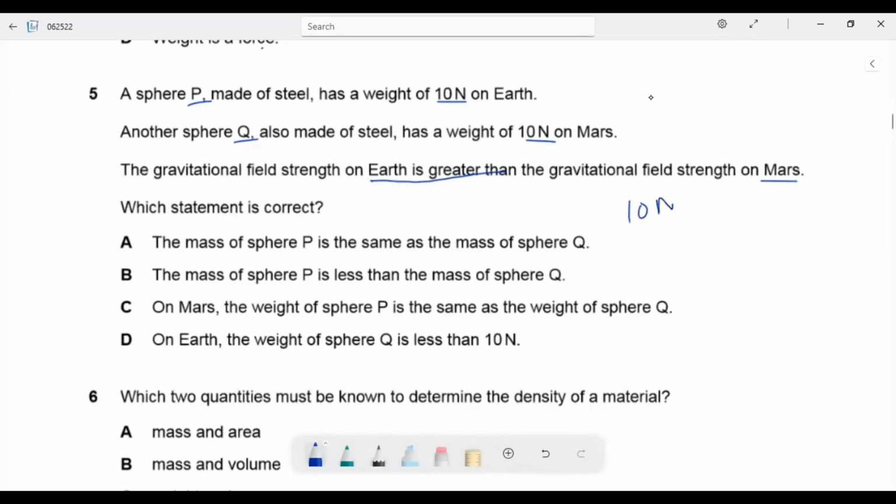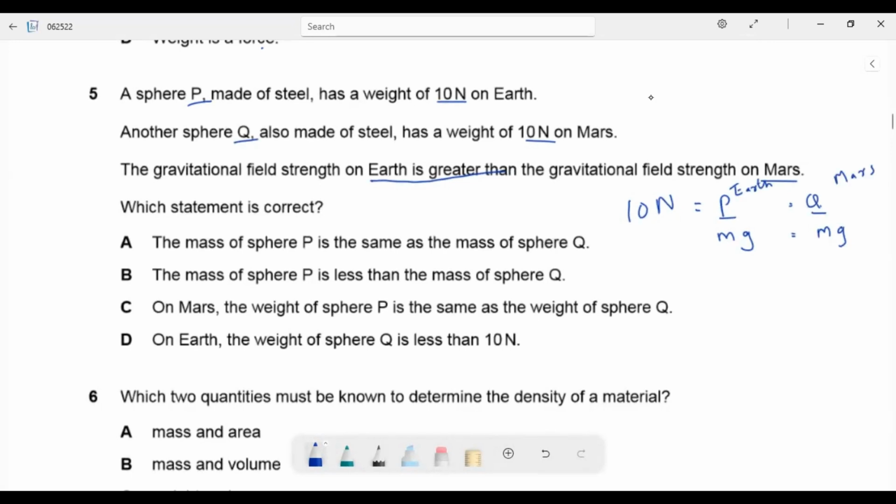So the weight is 10 Newton for both P and Q. Weight can be written as mg. So the total weight remains the same in the case of P and Q.